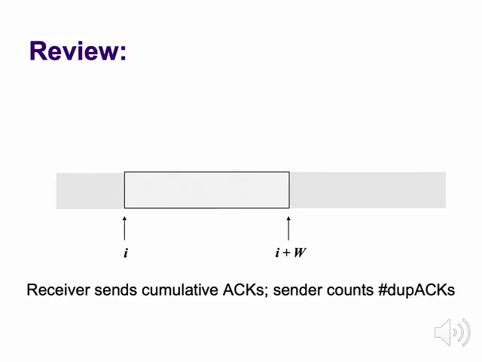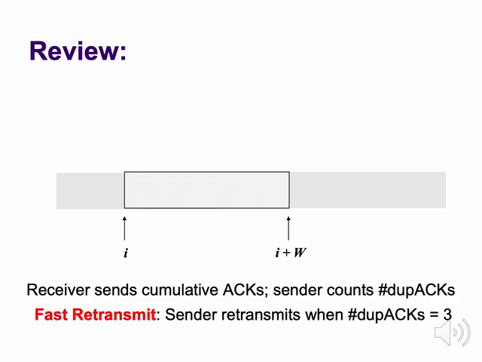On the receiver side, we said that TCP reliability implements cumulative acknowledgements. So it's going to acknowledge the next expected byte. And we said that the sender counts the number of duplicate ACKs it has received. We also said that when the sender has received a certain number of duplicate ACKs, which we said was 3, it was going to retransmit again from the left-hand side, the first set of bytes that are missing at the receiver.